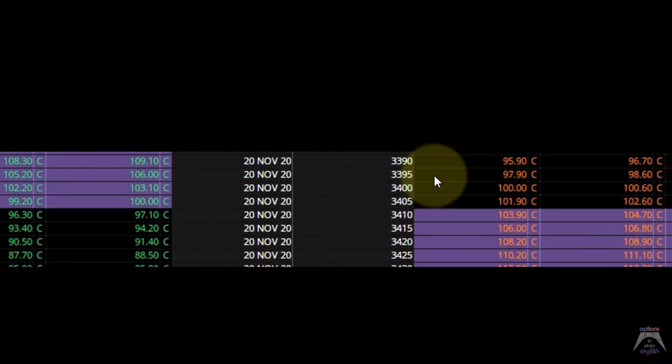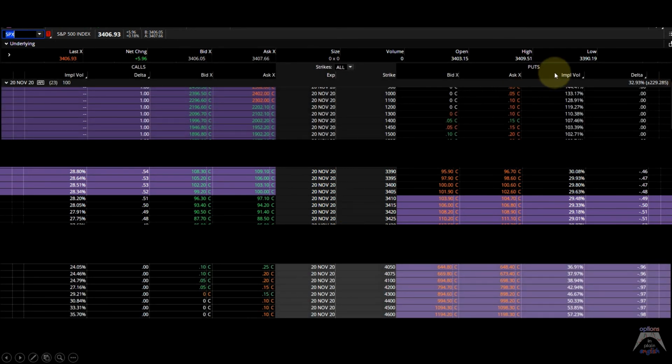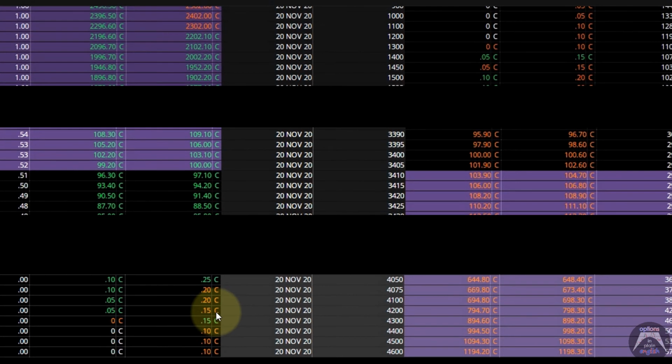These are the options around the at the money, and then you have the out of the money puts and the out of the money calls. Of course, the out of the money calls are the ones with a strike higher than the at the money, and the out of the money puts are the ones with strikes lower than the at the money.